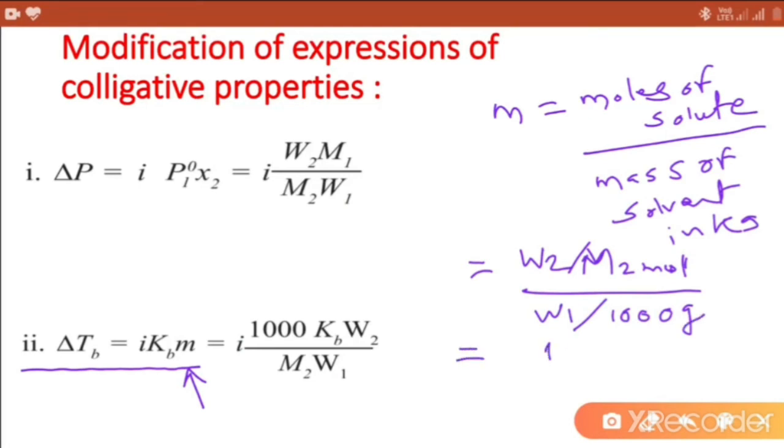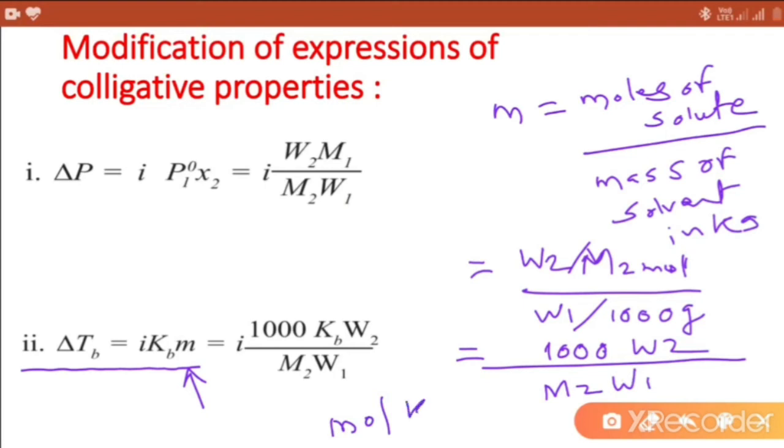It becomes 1000 W2 divided by M2 W1 mole kg raised to -1.